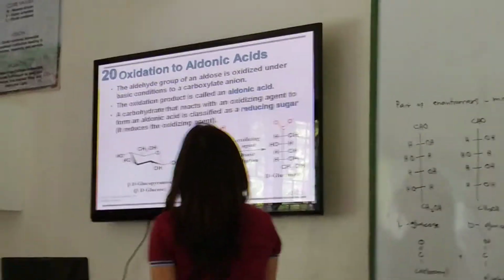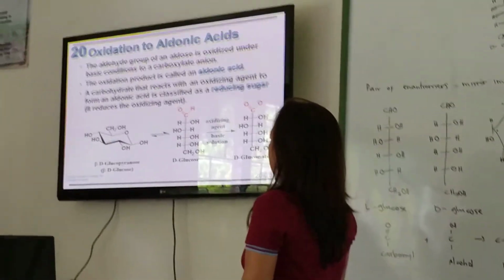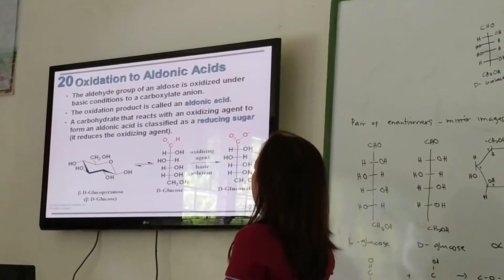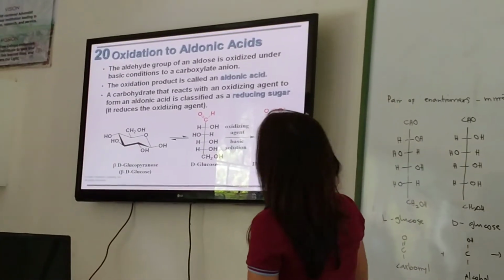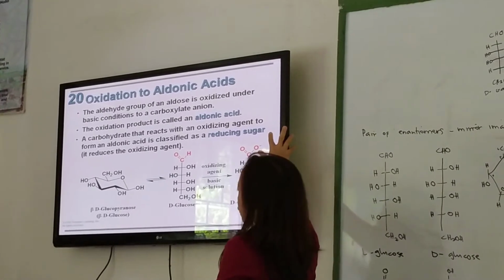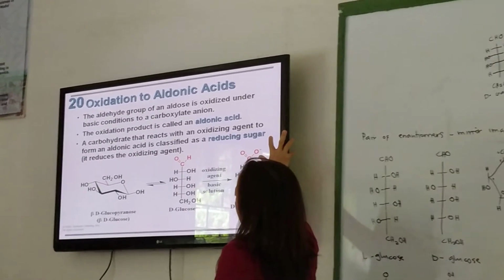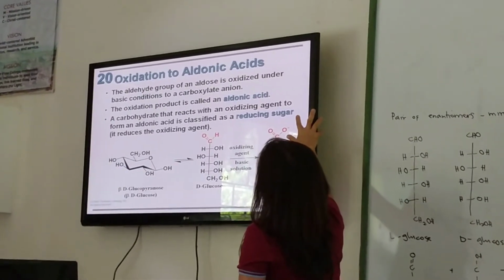Now when can we say that sugars can be classified as reducing or non-reducing sugars? A carbohydrate that reacts with an oxidizing agent to form an aldonic acid is classified as reducing sugar.